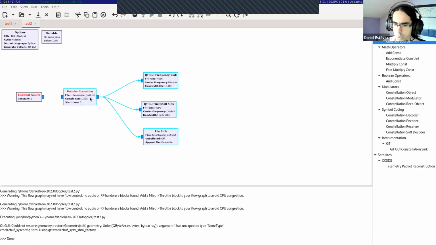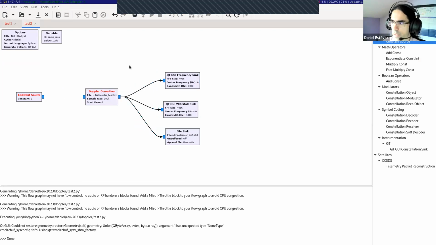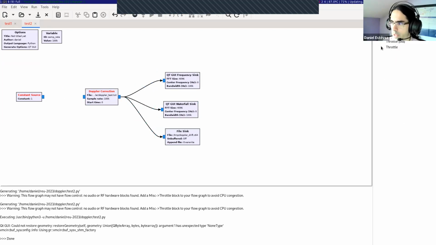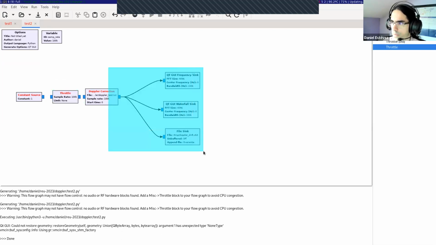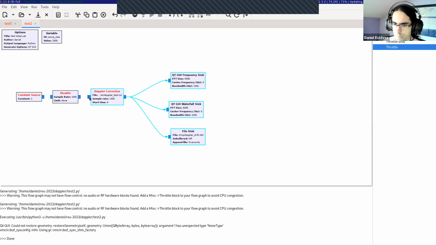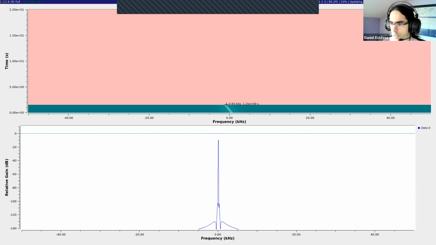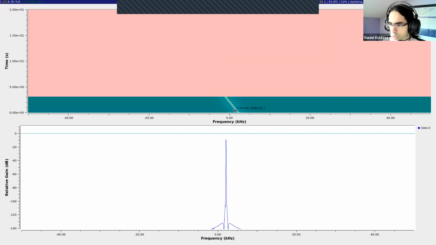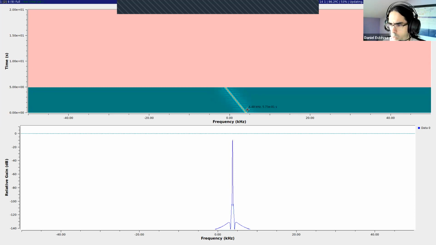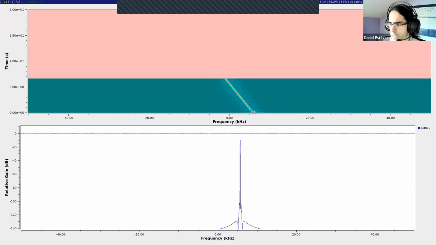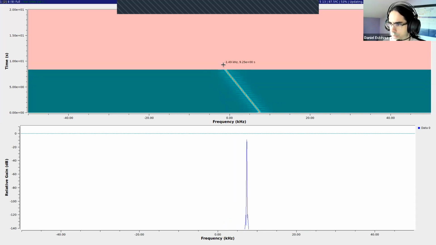If I don't put here a throttle block, then basically everything will happen so quickly that we cannot see it. So this is going from minus 1000 to whatever other value I set at 10 seconds.